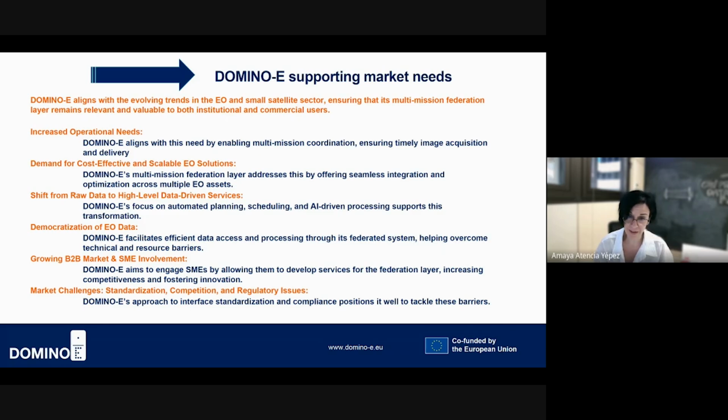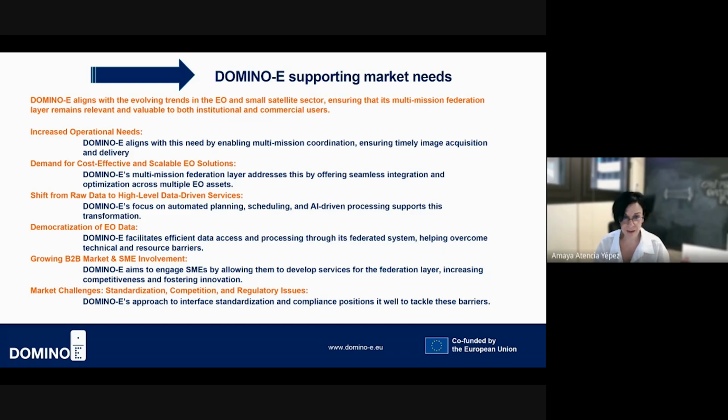Another important market need is the current shift we are living: instead of selling data, instead of providing raw data, to provide added value services and high-level data services based on AI processing solutions.